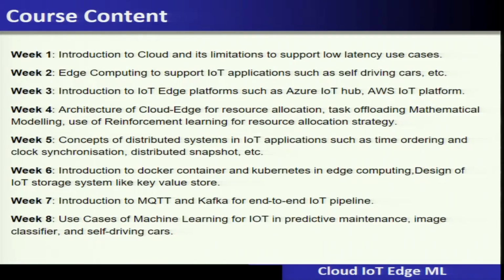Besides this, we will also introduce the concepts of Docker containers and Kubernetes, which are very useful in application development towards edge computing, and also the new protocols called MQTT and Kafka to build an end-to-end IoT platform. Different use cases of machine learning for IoT in predictive maintenance, image classifier, and self-driving car are some of the use cases we are going to cover in this part of the course.